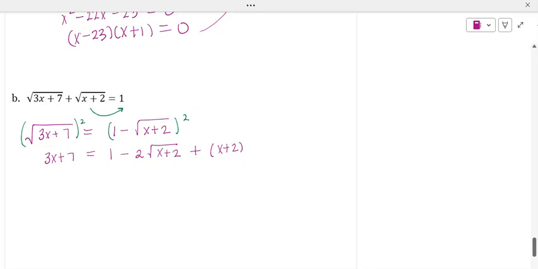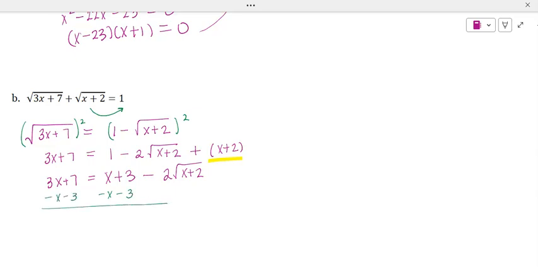So simplifying the right-hand side a little bit, if I bring these over into the front here, I'll have x plus 3 minus 2 times the square root of x plus 2. And then I want to bring those terms over to the left-hand side. So I'm going to subtract x and subtract 3 from both sides to get 2x plus 4 equals negative 2 times the square root of x plus 2.